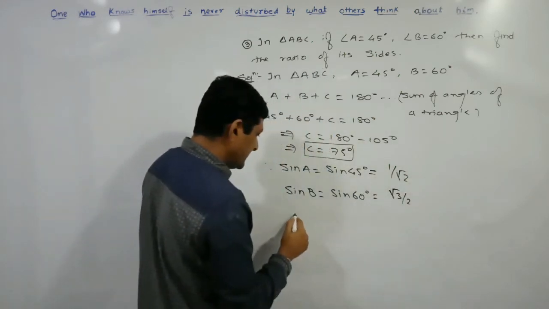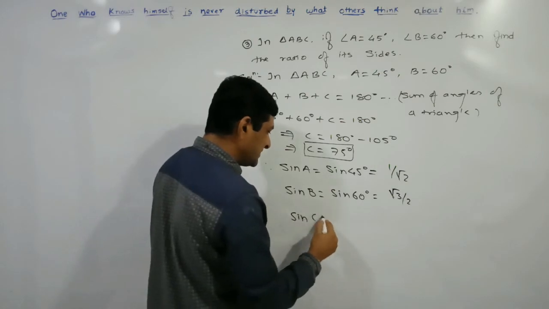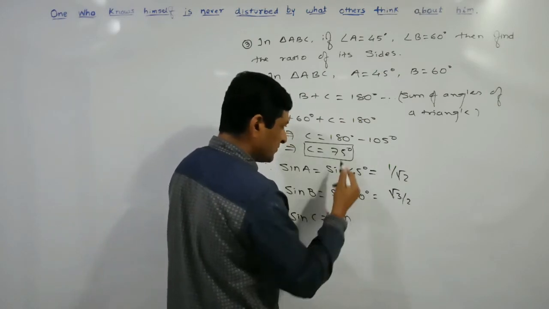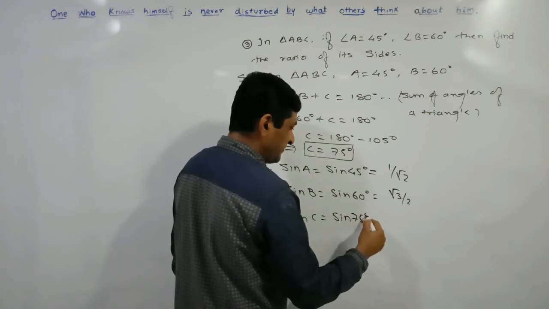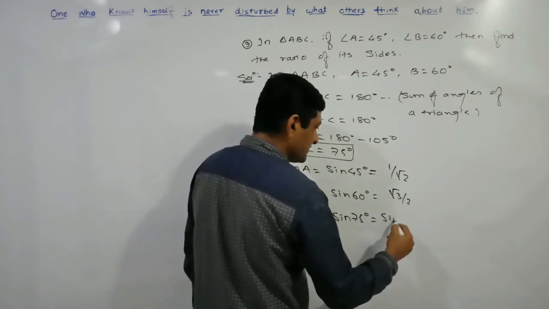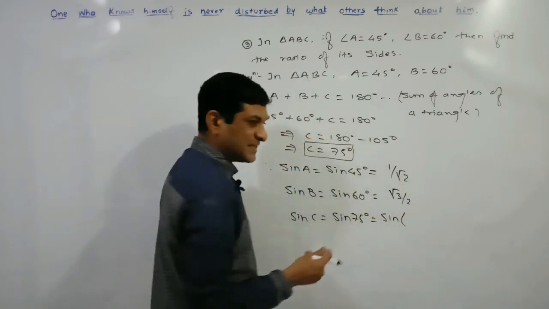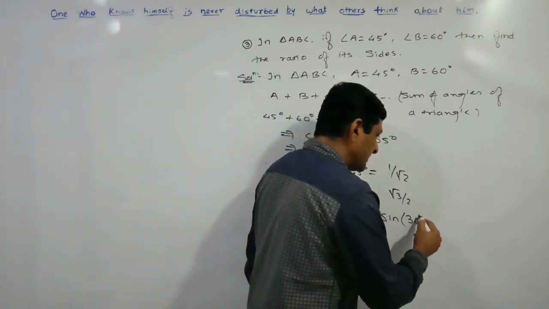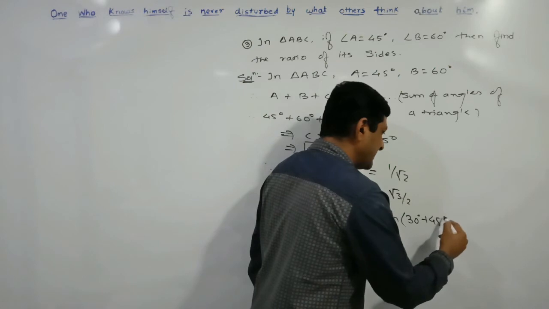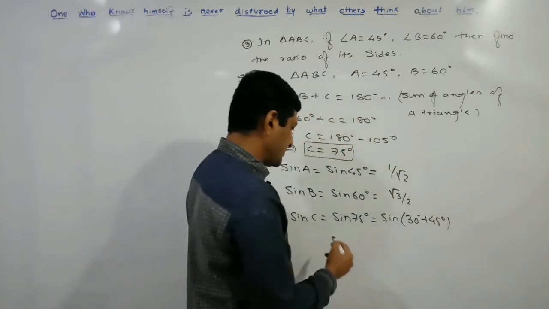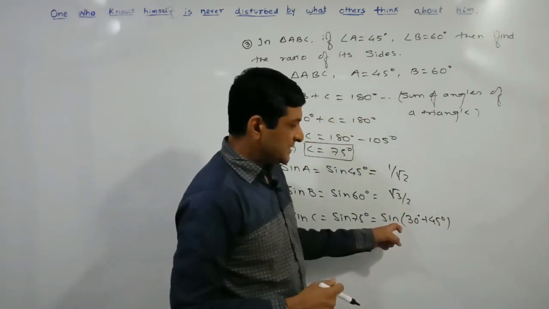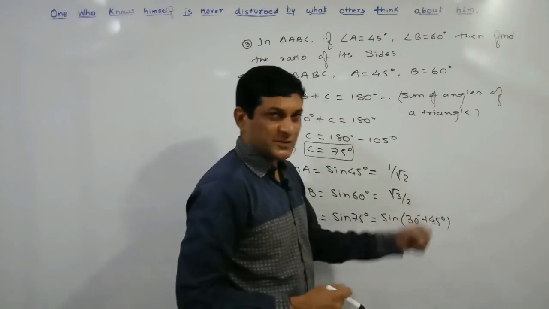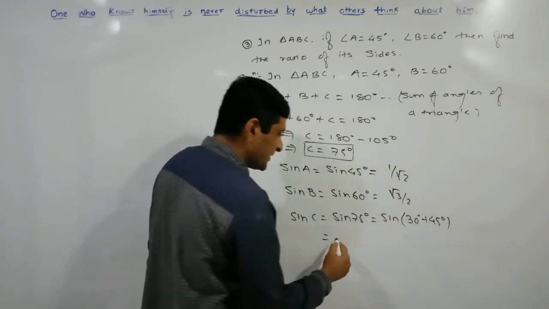And lastly, let us try to find out the value of sine C, which will be equal to sine. What is the value of C here? 75 degrees. Now see the method to find the value of sine 75 degrees. Can I write 75 degrees as 30 degrees plus 45 degrees? So it is now in the form of sine A plus B. And what is the formula of sine A plus B?